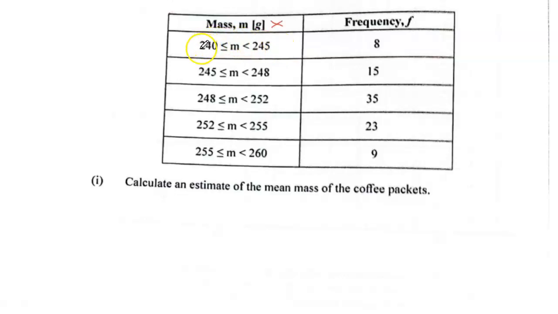So 240 and 245 divided by 2, that's 242.5. 245 and 248 divided by 2, that's 246.5. And we'll continue the same, adding upper and lower limit and dividing by 2.